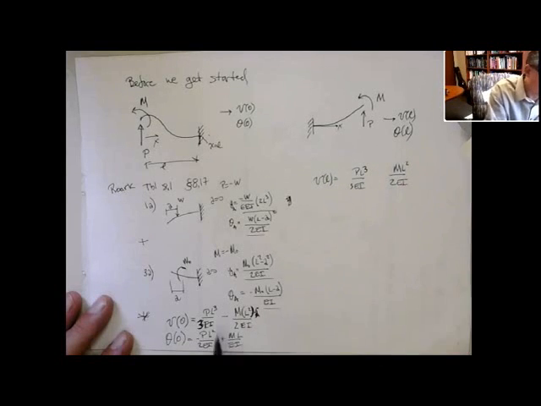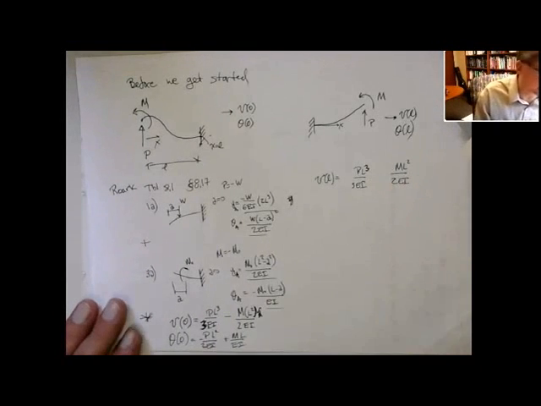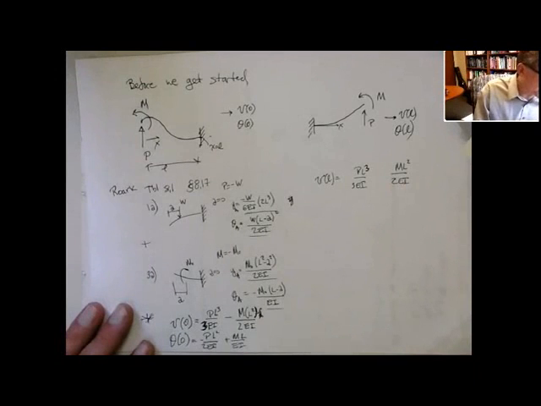Now the question is always, which are the signs, because we have different sense of rotations, and actually the bending moment diagrams flip. So you can go back and rederive all that stuff, but I think the easiest thing is just to think it through.